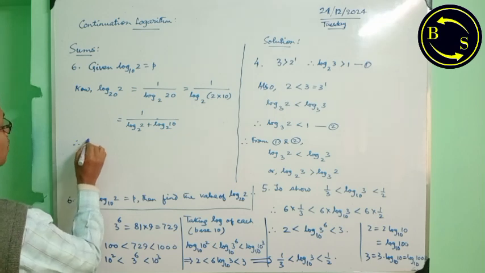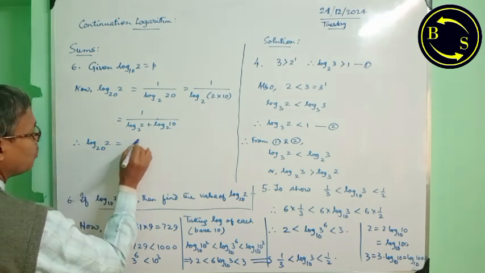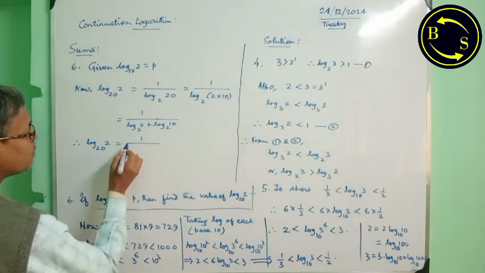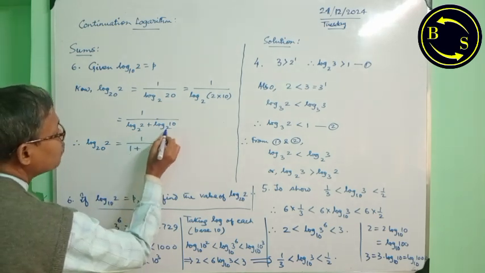Therefore, log of 2 to the base 20 is equal to 1 by log of 2 to the base 2, which means 1, plus log of 10 to the base 2.